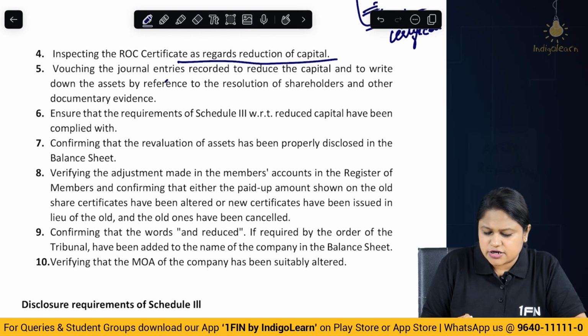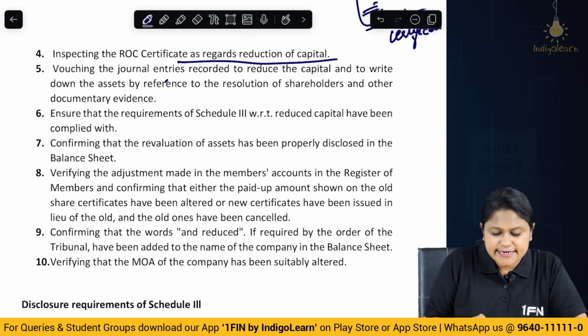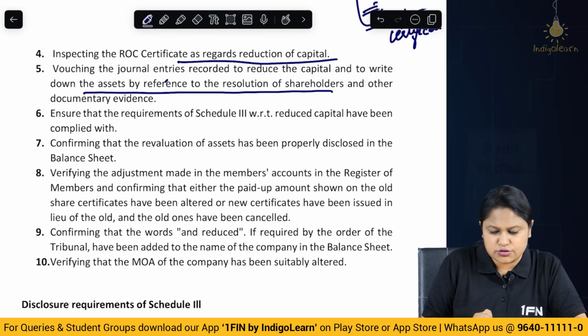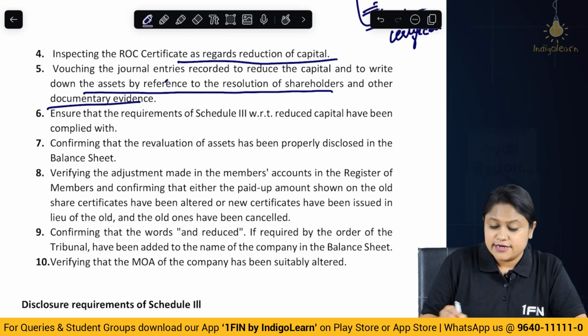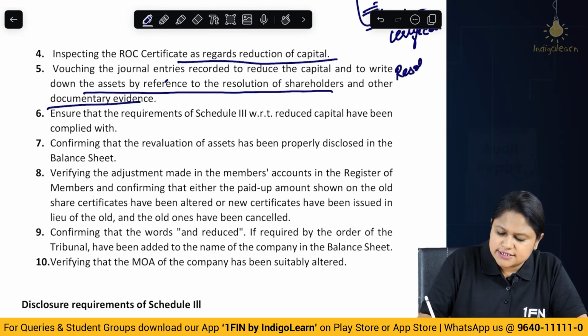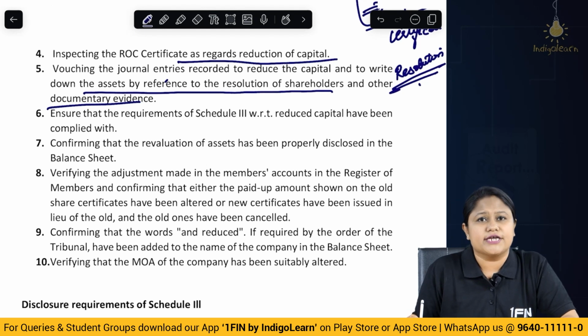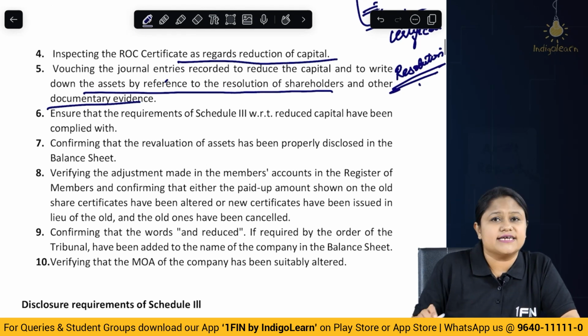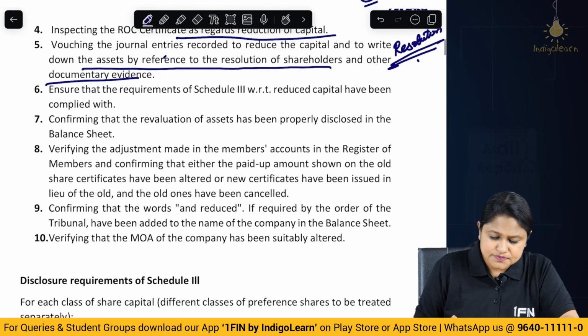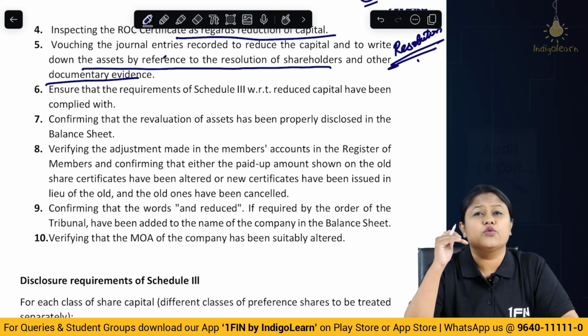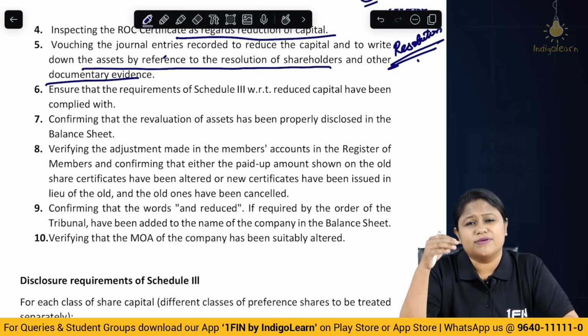Vouching the journal entries recorded to reduce the capital and to write down the assets by reference to resolution of shareholder and other documentary evidences. So when you're going to check in the resolution of the shareholders, there you'll understand which all assets are going to be written off. Based on that, accounting entries have to be cross-verified. Then, sometimes the assets are overstated, correct? So the reduction basically is done why?